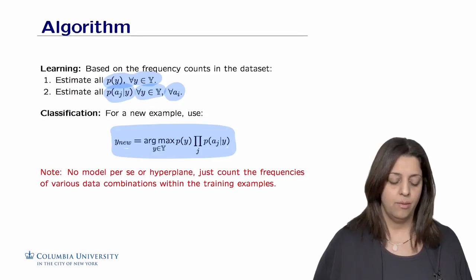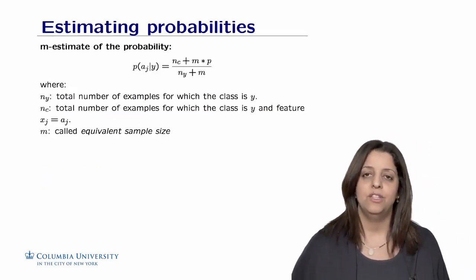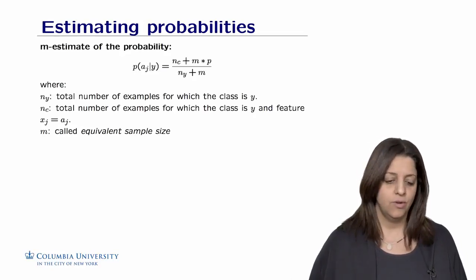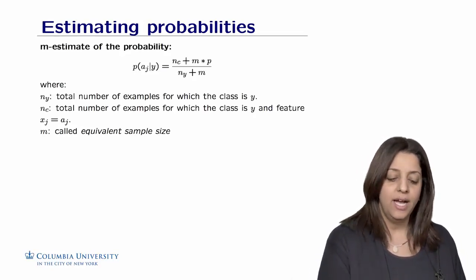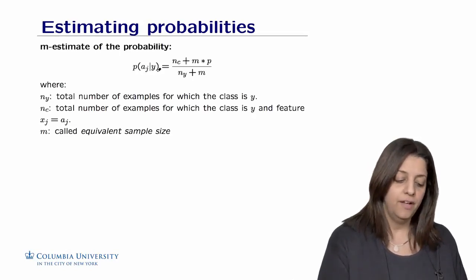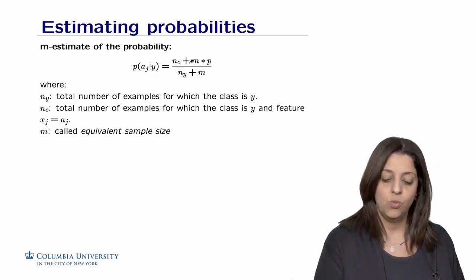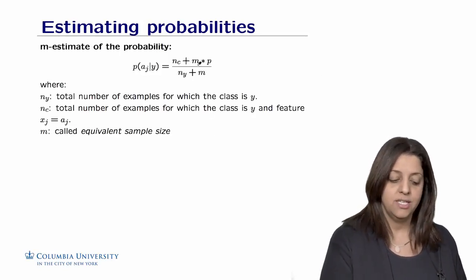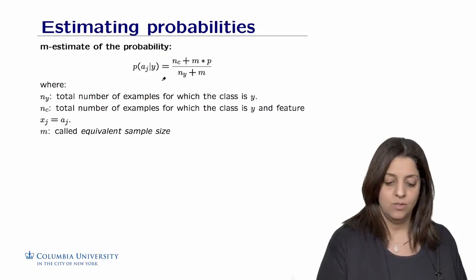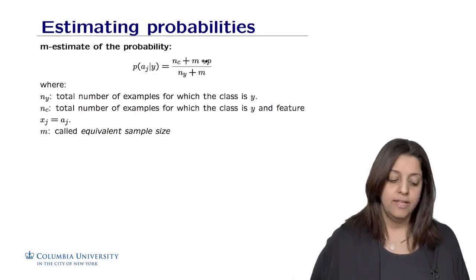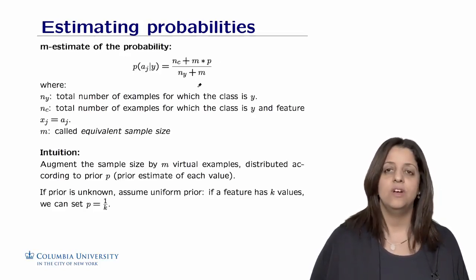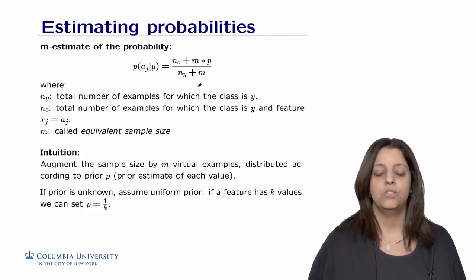So for estimating the probability, we're going to use the m-estimate of the probability to account for the case when the count is actually 0. So we're going to use p of aj given y estimated as the total number of examples for which the class is y and the feature value is aj, plus m times p, divided by ny, which is the total number of examples for which the class is y, plus m, where m is called the equivalent sample size, in which case we're going to have some kind of extra virtual examples distributed according to some prior p.